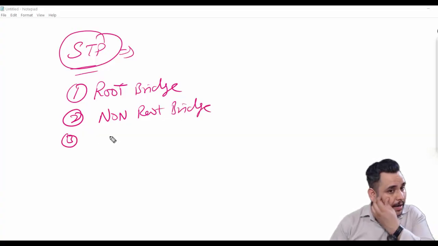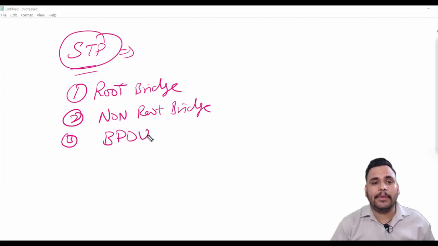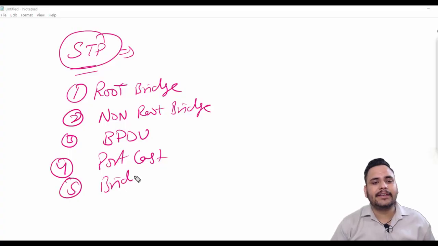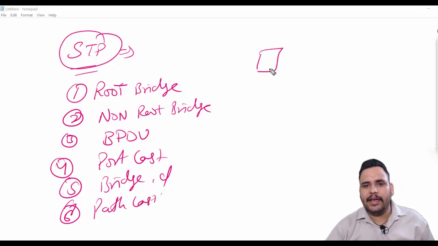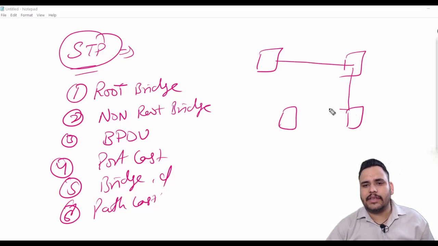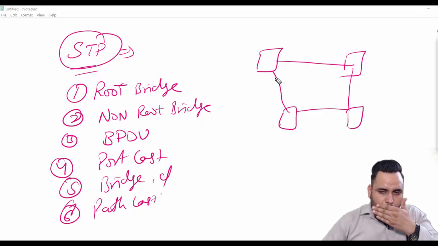Third, you need to know what a BPDU is, what port cost is, what bridge ID is, and what path cost is. For example, I have four switches, all connected with each other.